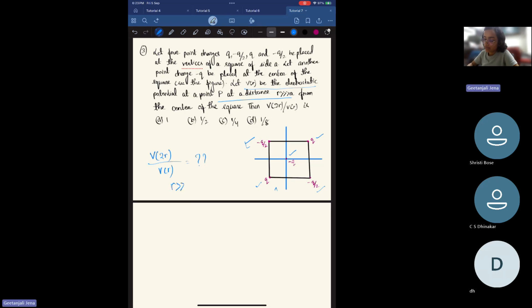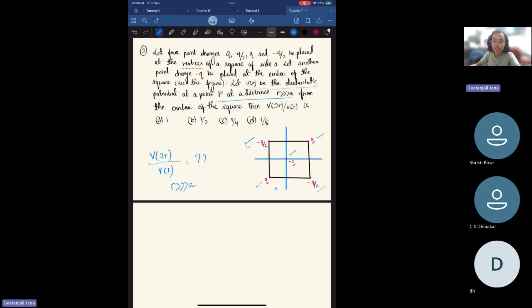And it's given R is much greater than A. So that means you can use the multipole expansion and first see what is the dominant term. It's like whether the monopole moment is non-zero or whether the dipole moment is non-zero or whether the quadrupole moment is non-zero.